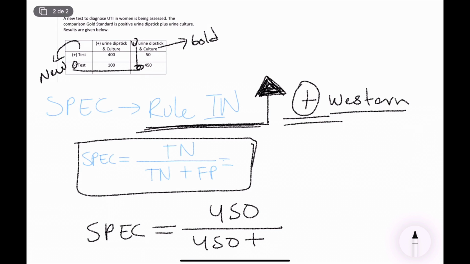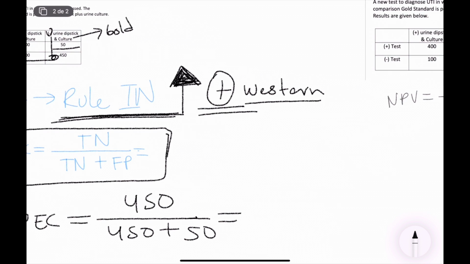False positives are the ones that in the new test are positive, but they don't have the disease. So in the gold standard are negative. So 50 people, they don't have the disease, but the new test says that they have the disease when they do not. So the result is 450 divided by 500.